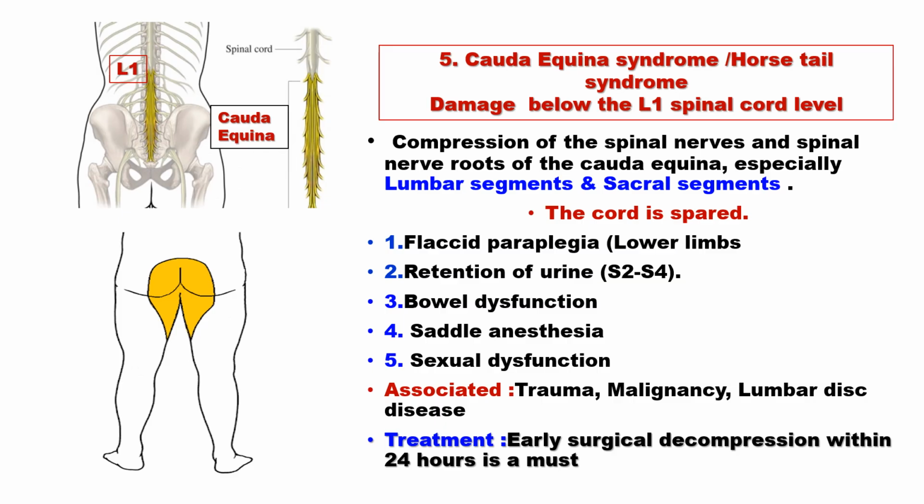The important features are flaccid paralysis of lower limbs, retention of urine, involvement of S2 and S3 segments, bowel dysfunction, saddle anesthesia, sexual dysfunction, associated with trauma, malignancy, and lumbar disc disease. Treatment mainly involves early surgical decompression, within 24 hours is a must.